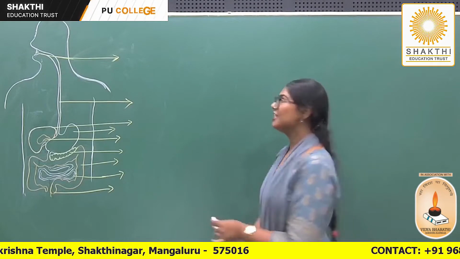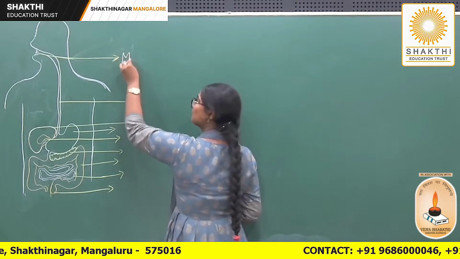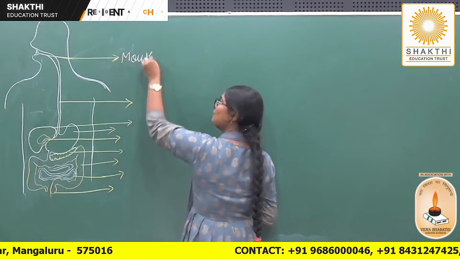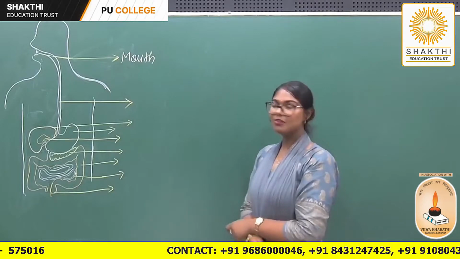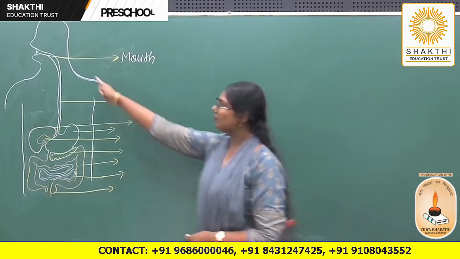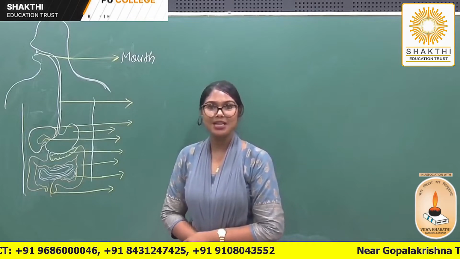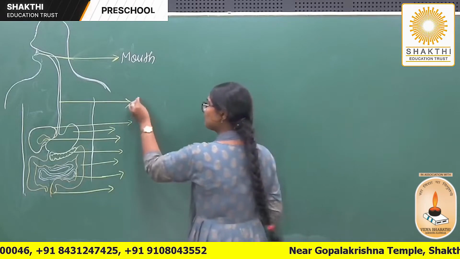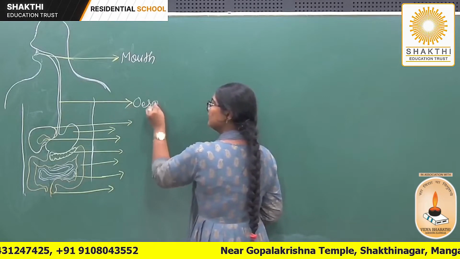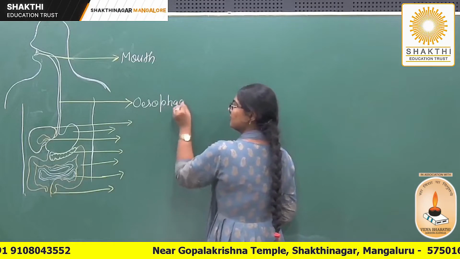The digestion in humans starts with the first part, that is mouth. Following the mouth is a long pipe that we can see here. It's a muscular pipe, and this pipe is called as the food pipe, also called as the esophagus.